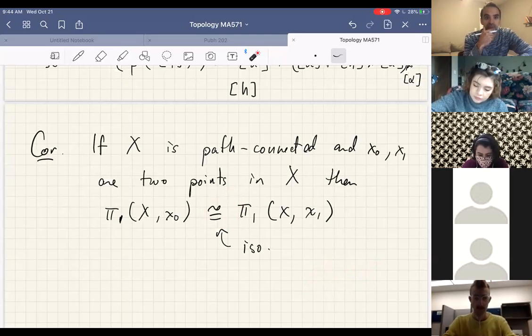So the isomorphism class of the fundamental group is well defined, independent of the base point, associated to any path-connected space. The isomorphism class. Any questions? Does this make sense to everyone?